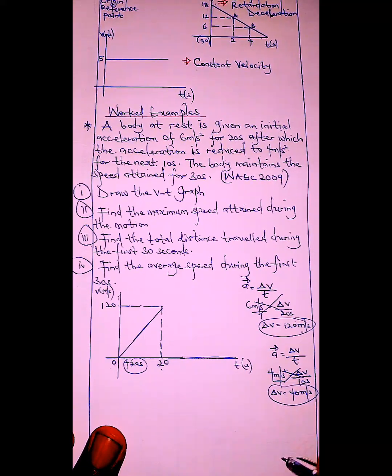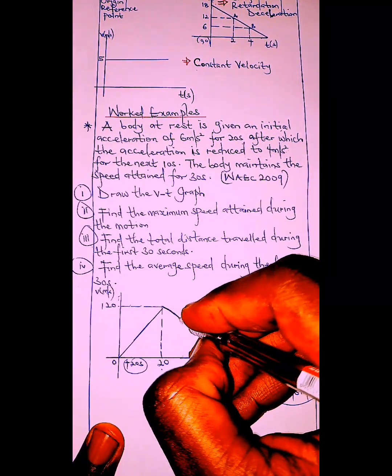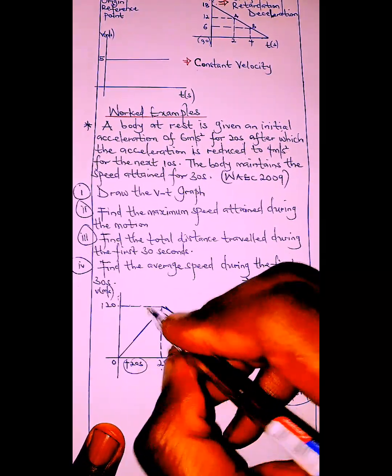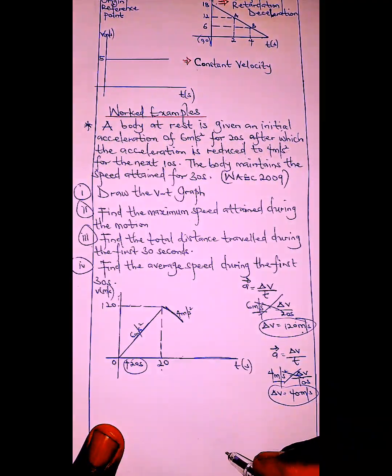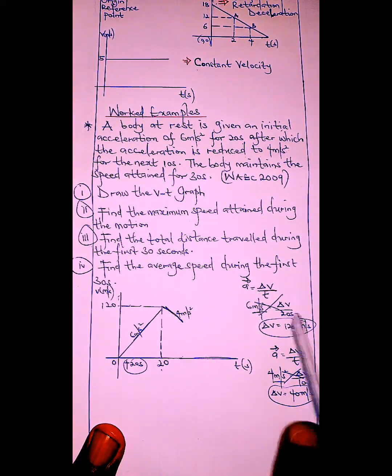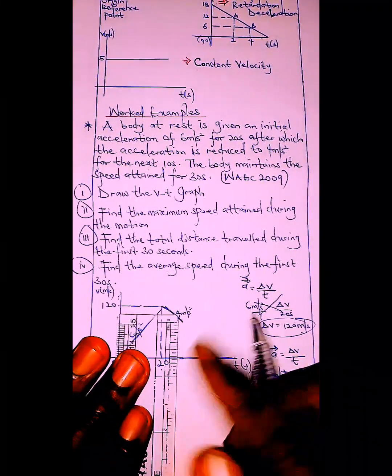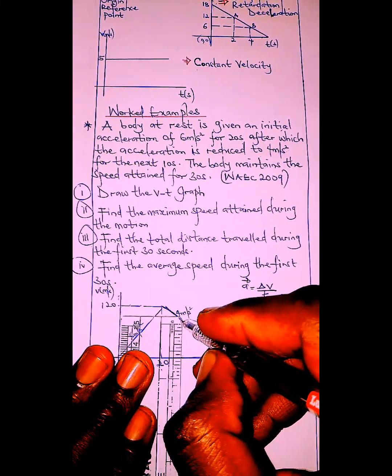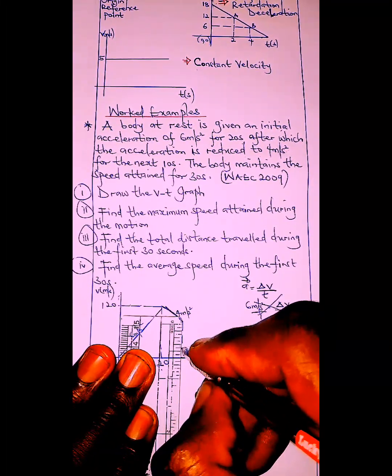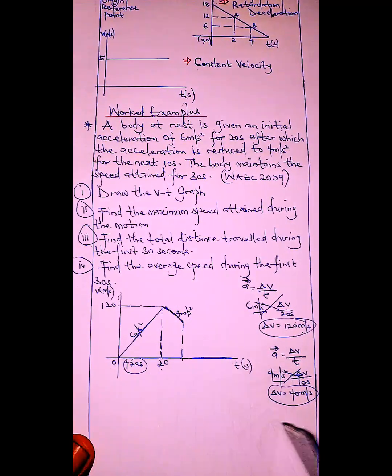So let's simply see what happened. The acceleration reduced from 6 meter per second squared to 4 meter per second squared. So we have an acceleration of 4 meter per second squared, just like the way we have an acceleration of 6 meter per second squared here. This body accelerated at 4 meter per second squared for the next 10 seconds.